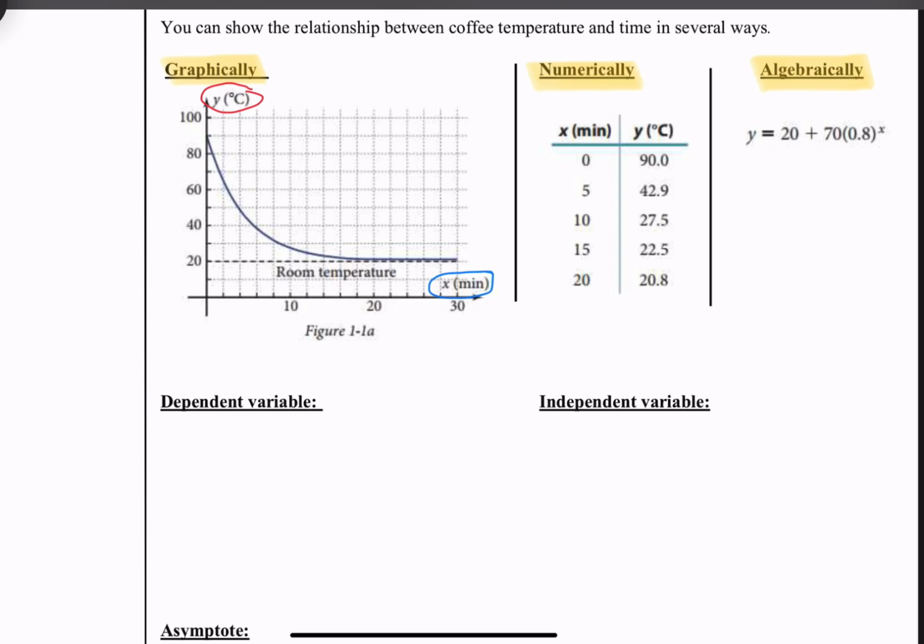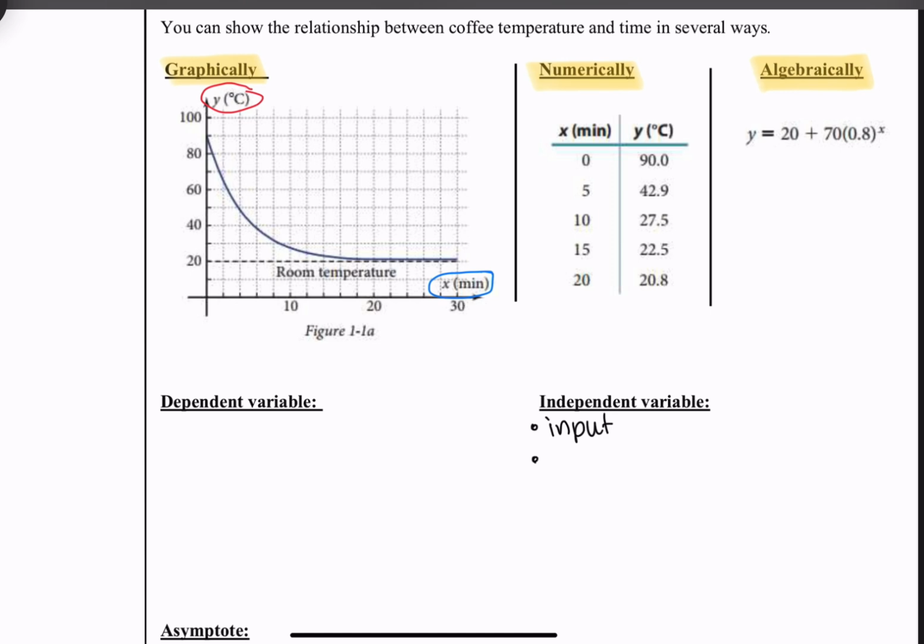And like in a table, if we were representing a function numerically, we would choose our inputs, plug them into the function, and get our outputs out. Okay, so I'm going to start with inputs. So our independent variable, another fancy way of saying that, that's our input. It is represented with the values along the x-axis.